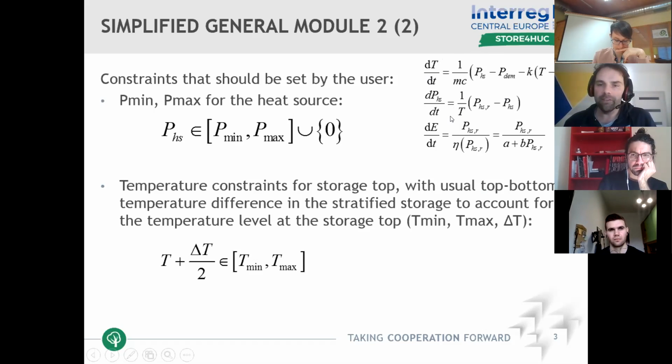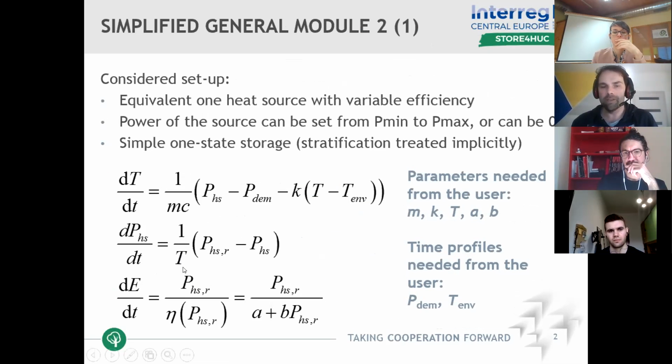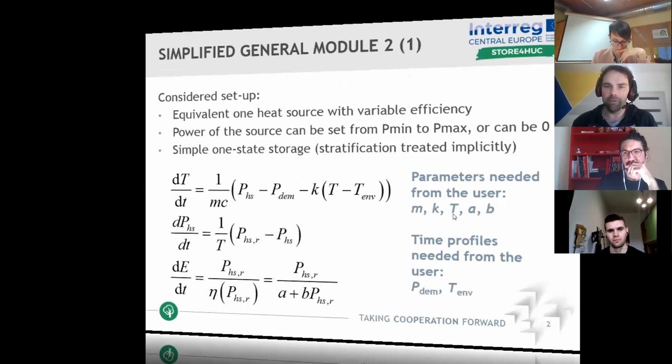This letter T here is a time constant of the heat source, so I should have used a different letter for this time constant. Maybe add something down here, maybe THS or something like this. So this T here is not temperature. Sorry for that. This is also the same thing here. So let's say we can put HS, and THS would be a parameter needed.